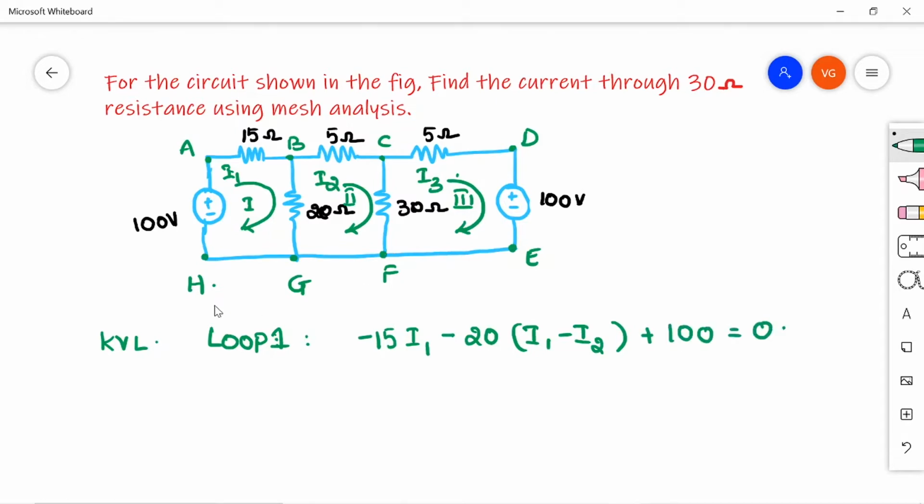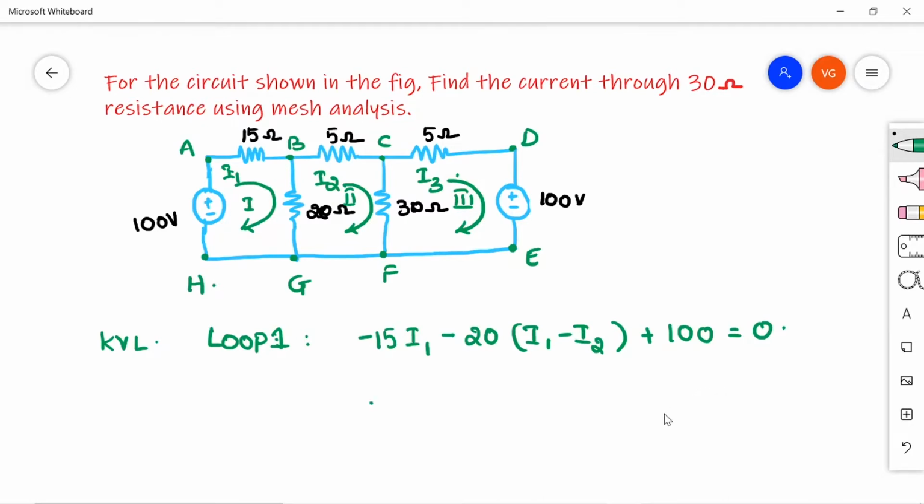See here, minus 15 I1 is for the branch AB and minus 20 I1 minus I2 is for the branch BG, and then GH I don't have any element. So H to A I have minus 2 plus 100.